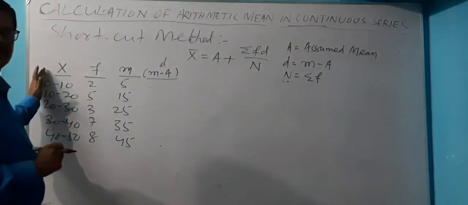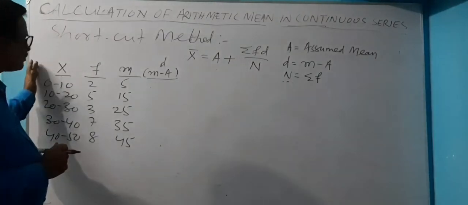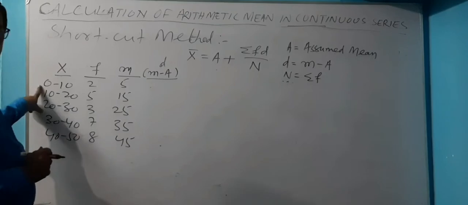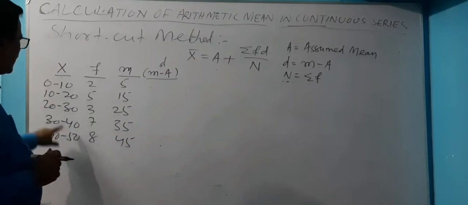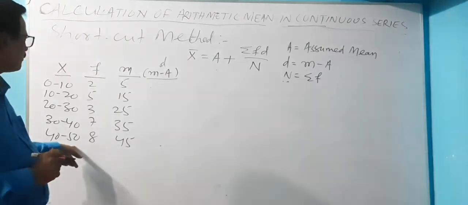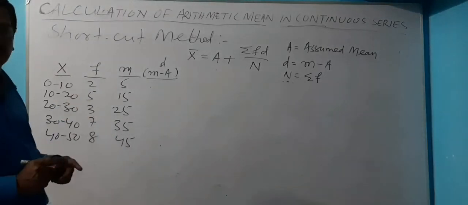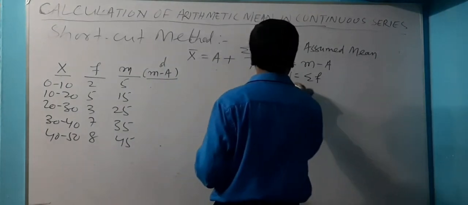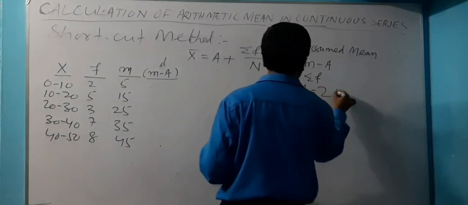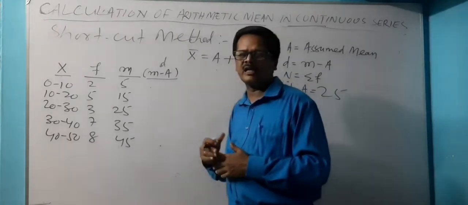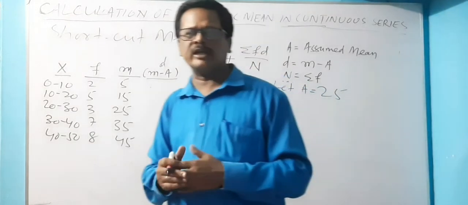From which value do we have to take it? From the X values. We know in our X values, 0 is the lowest value and 50 is the highest value. So what will be the mid value? 25. So let A be 25. We can also take 30, 22, or 23. I have already told you.